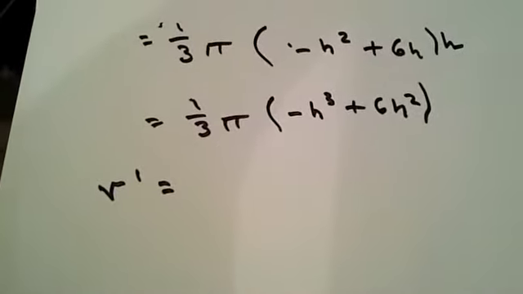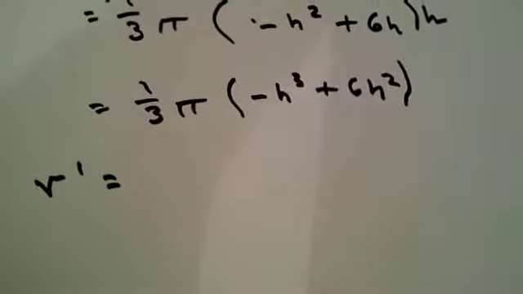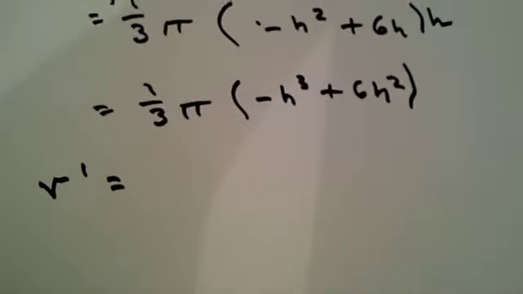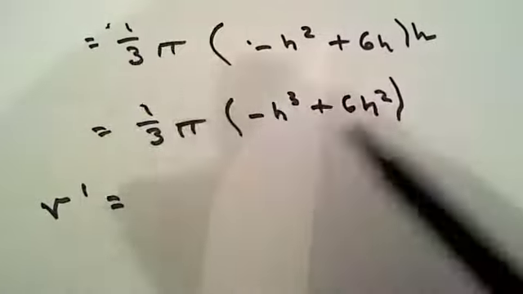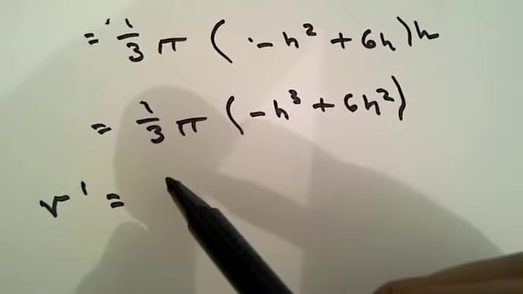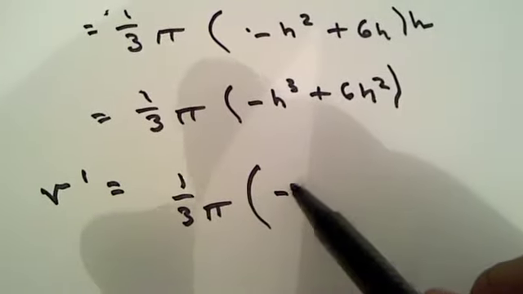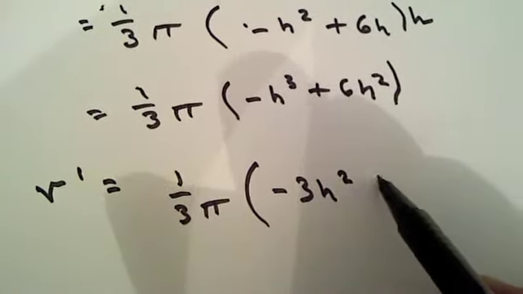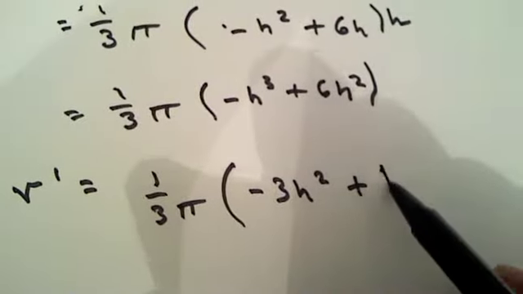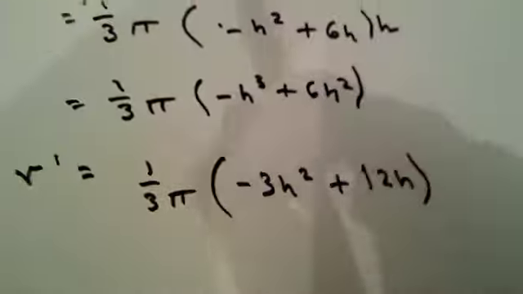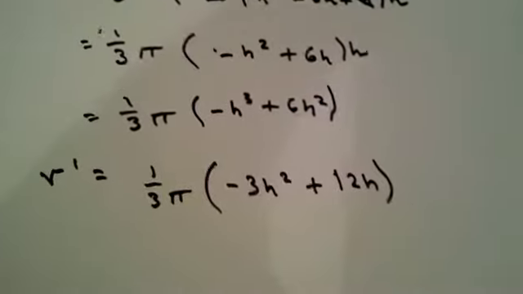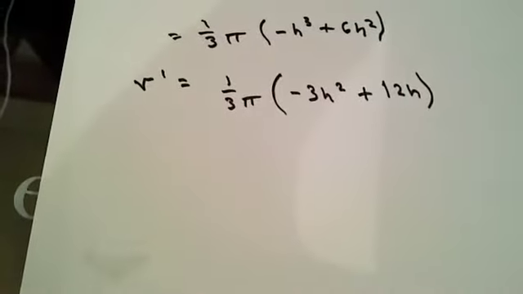So V prime would equal the derivative of that. In this case, it will be 1/3 pi times (negative 3h squared plus 12h). That's your derivative. So now you're ready to set your equation equal to 0 and solve for h.